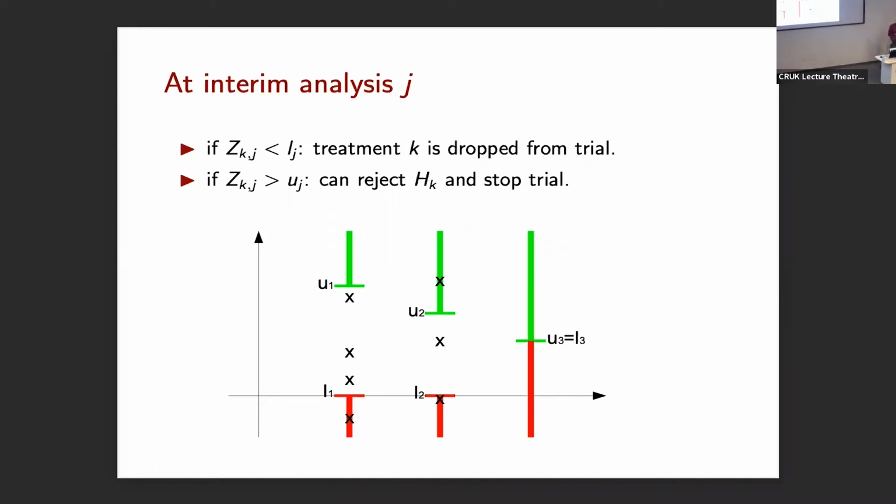Most often, you'll be in the white space in between, and your conclusion is, I don't know, I need more data. And so you will recruit additional patients to the treatments that are left, plus control, and then ask the question again at your second interim analysis and go on until you end up with a definitive answer.